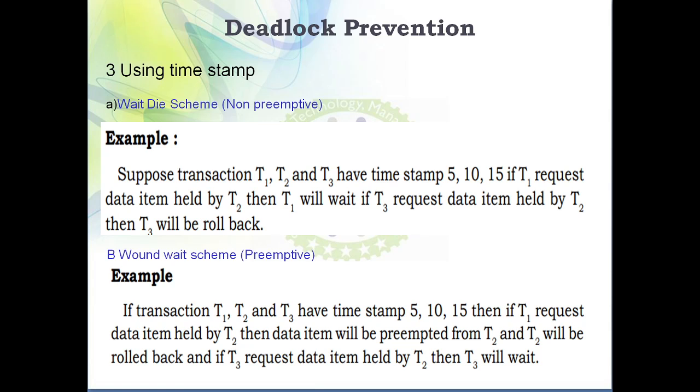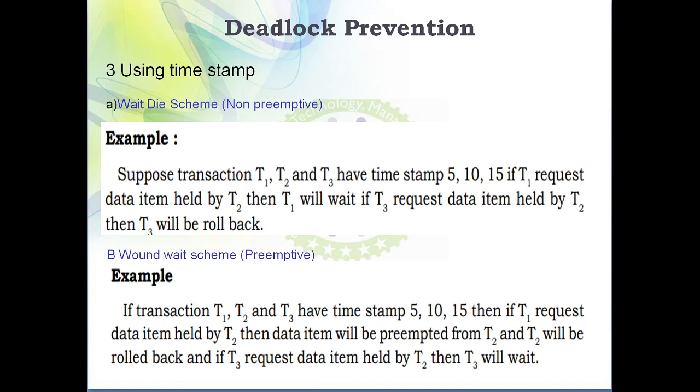That means the transaction making the request has to wait. So T1 will wait. If T3 is requesting a data item held by T2, then T3 will be rolled back. So that is the die: for the first transaction it is wait, and for the third transaction it is rollback. So this is the wait-die scheme. It is non-preemptive in nature.